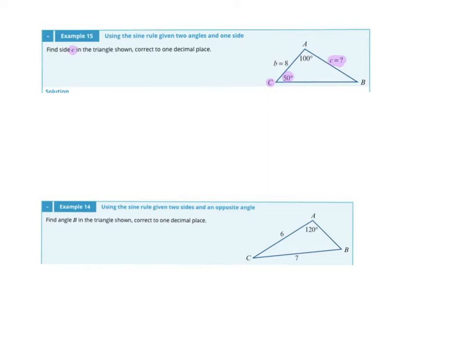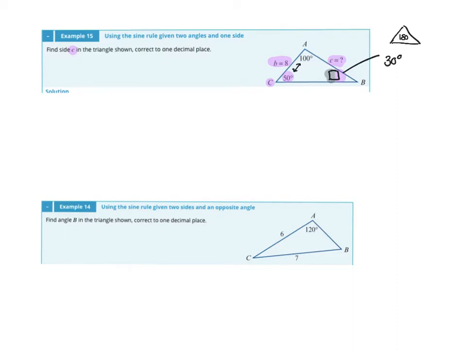Now if you look, I have B. B is the only other side length, so that means I need to get angle B. It's not there at the moment, but we can work that out because all the angles in a triangle need to add up to 180. So if I've already got 150, this angle B would have to be 30 degrees.